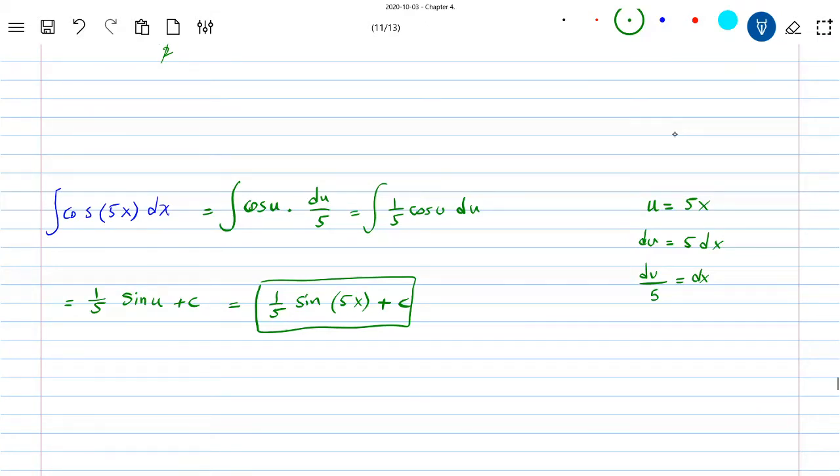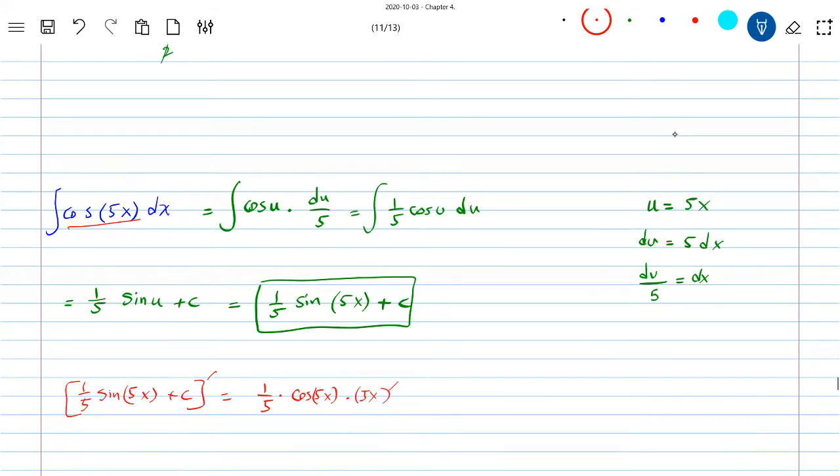Try to always double check by taking the derivative. For example, if I take a derivative of 1/5 sine 5x plus some constant, do I really get cosine 5x? You can check. 1/5, the derivative of sine 5x is cosine 5x multiplied by the derivative of the inside, 5x.